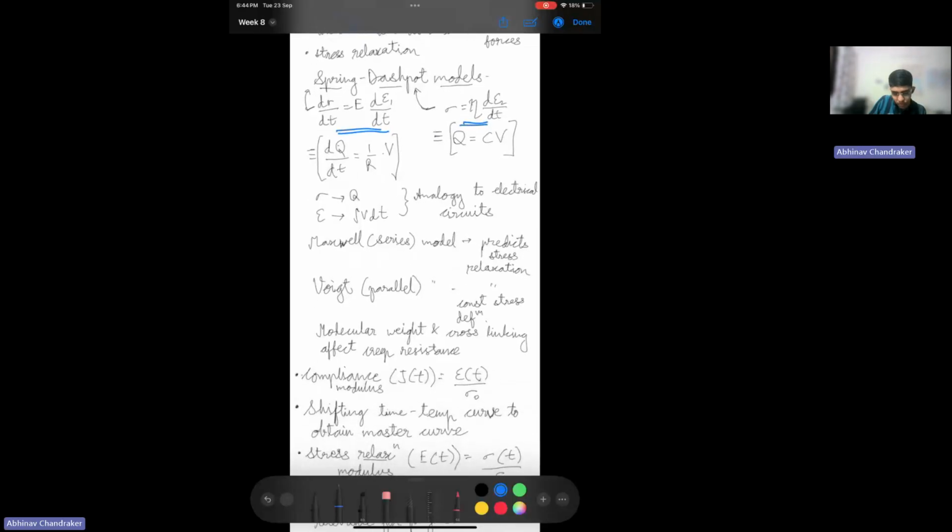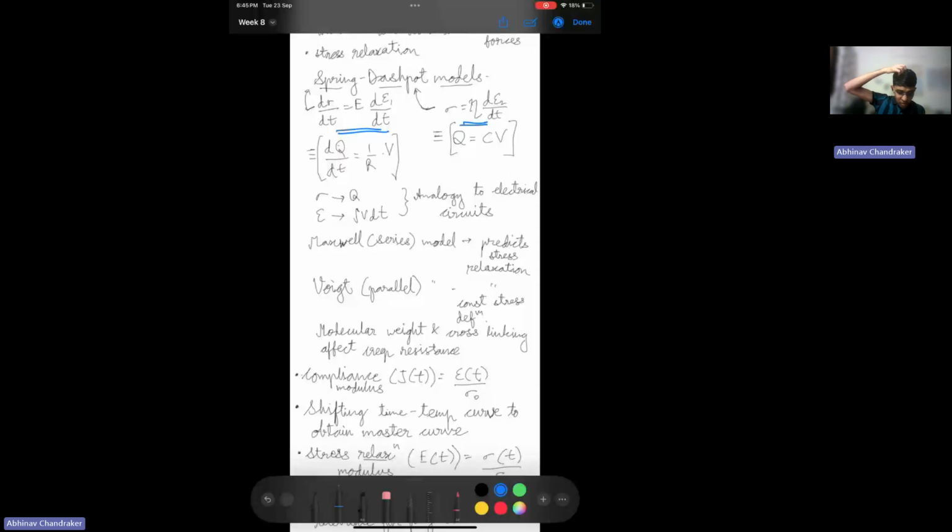It has not been taught in the class, but this can be compared to electrical circuits in order to quickly solve for certain arrangements of springs and dashpots.